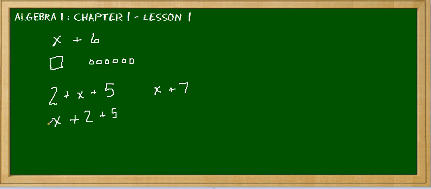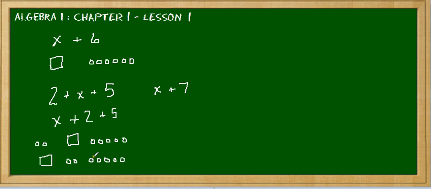If we were to go to the original expression, certainly we can write 2 circles, we can write a box, and we can write 5 circles. If we shift everything around, we can certainly write the box and then have 2 circles, and we can have 5 circles.